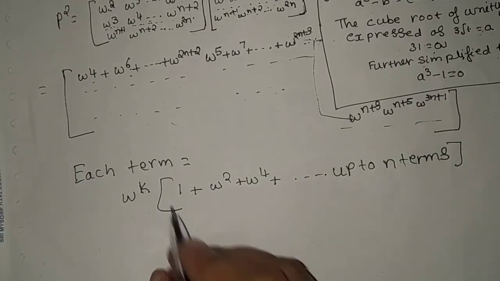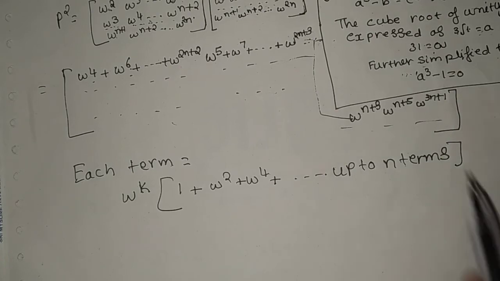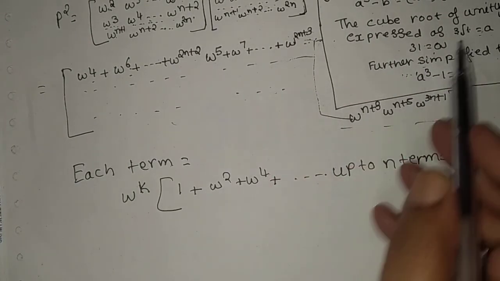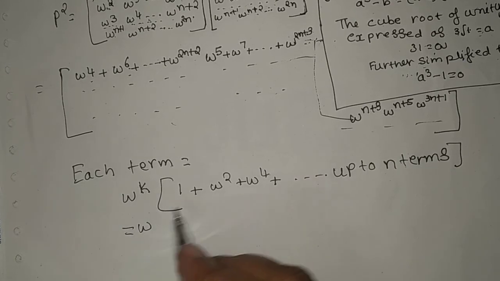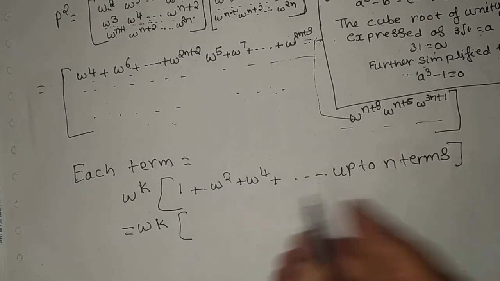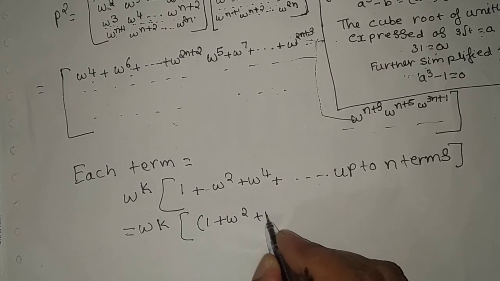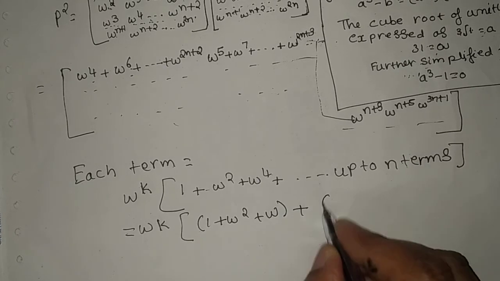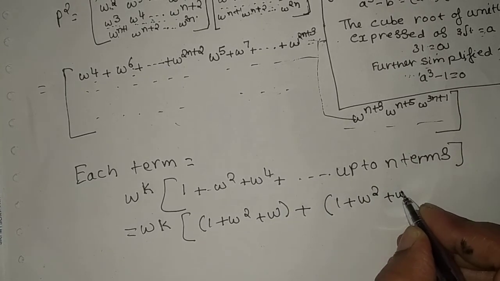Now again this can be written using the unity form. The cube root of unity is expressed in this form, so the w power can be written as w into k. Again this can be split into 1 plus w square plus w, plus 1, and once again w square plus w.